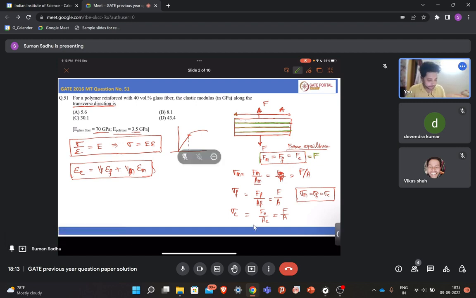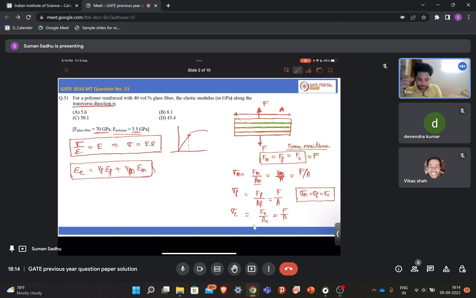So sigma, that means force by area, is also the same for fiber, matrix and the composite. Now when you are deforming like this, at the same time the matrix will also get deformed, and the fiber will also deform, right?